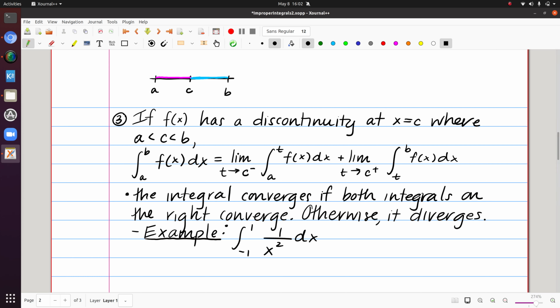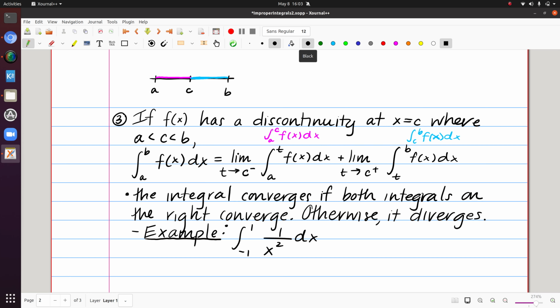And of course, you don't have to use t on both of those if that's confusing, but just some kind of structure to writing that there. To be clear, this is because we're splitting it up as the integral from A to C plus the integral from C to B. And what I've written in black is how we defined those respectively. So we've got two integrals, or two limits, if you will.